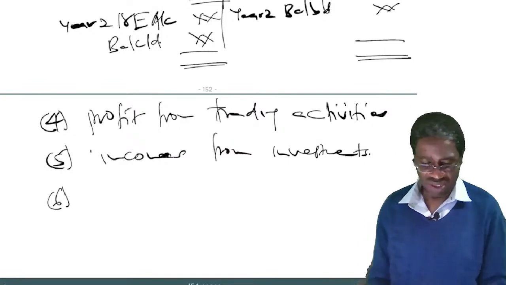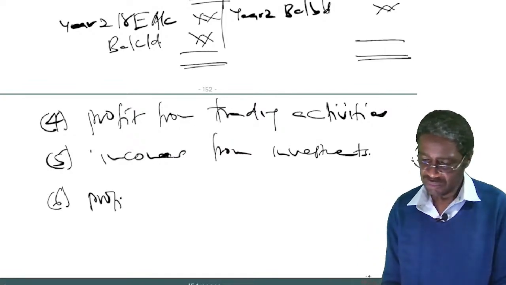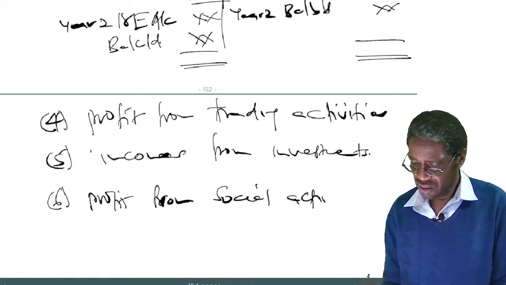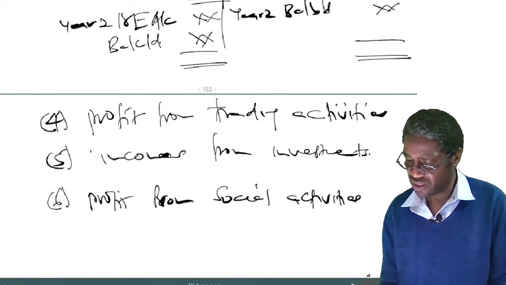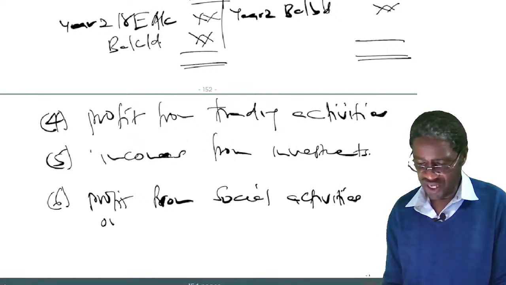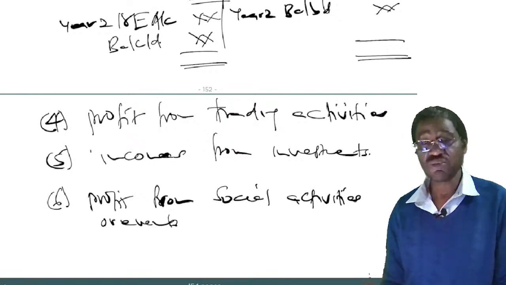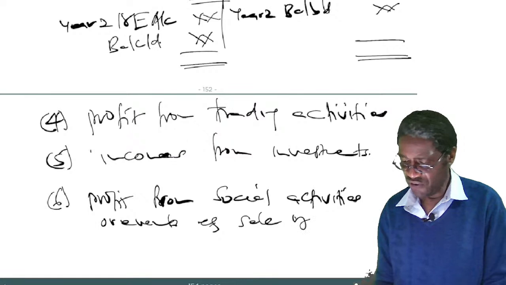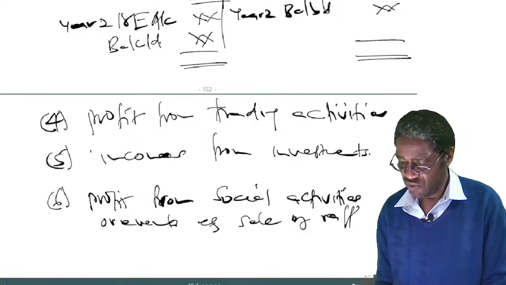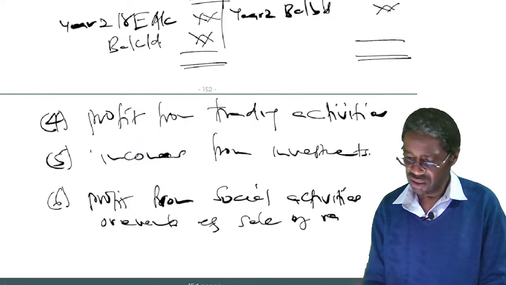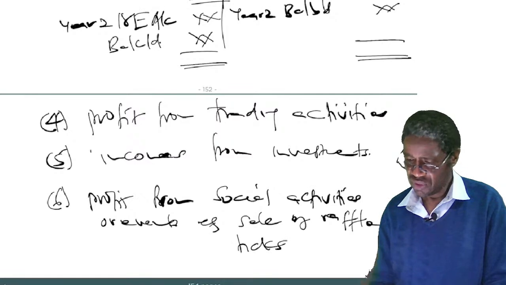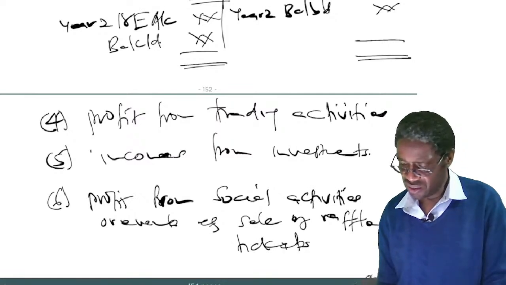So put it down, number 6: profit from social activities or events, e.g. sale of raffle tickets.